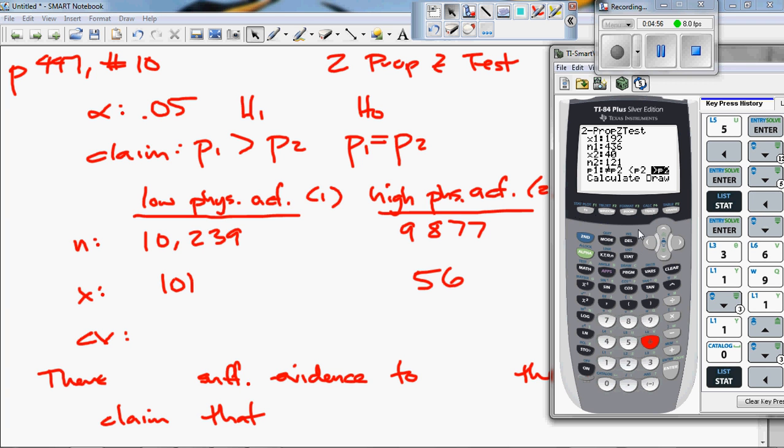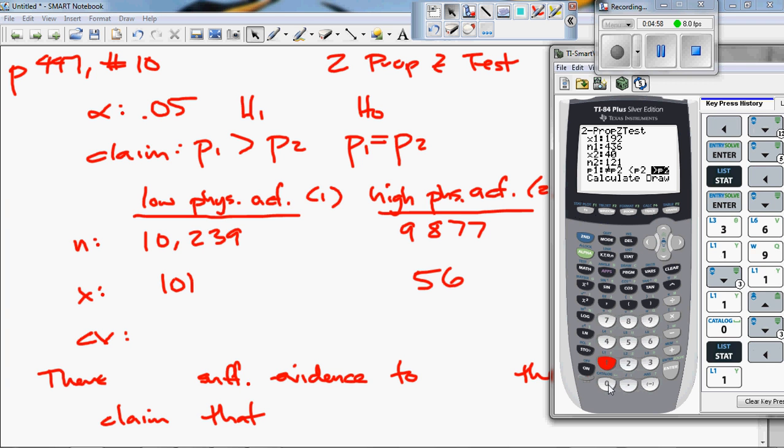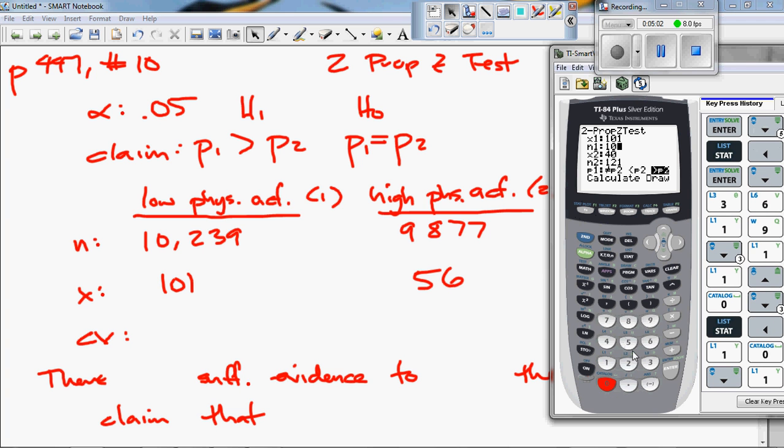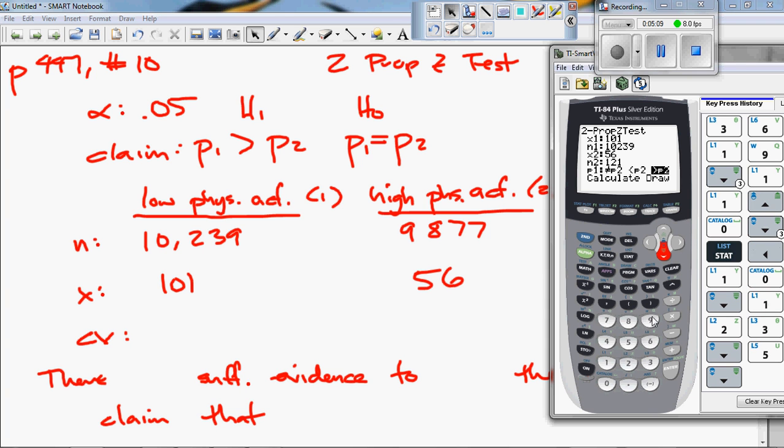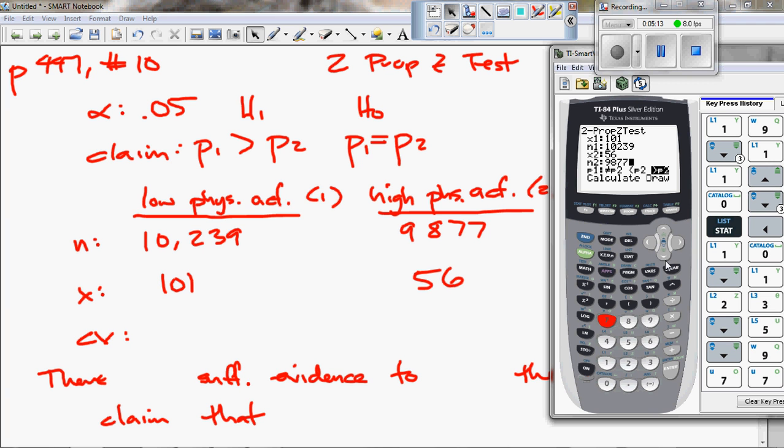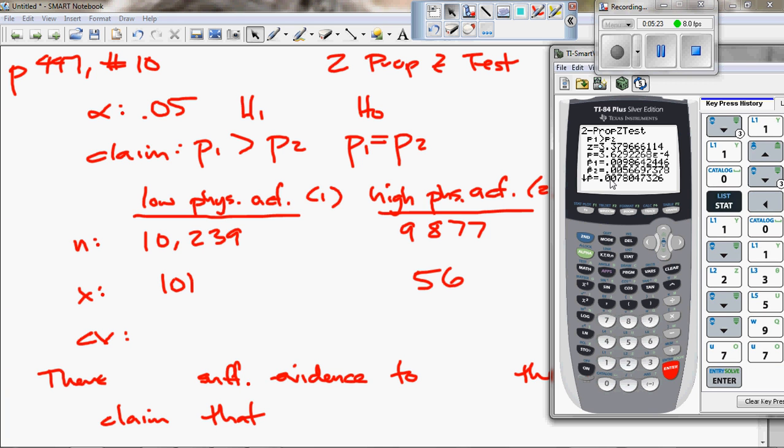So X1 is 101, N1 is 10,239. X2 is 56, N2 is 9,877. And our alternative hypothesis is that P1 is greater than P2. Calculate. Write down our test statistic and p-value.